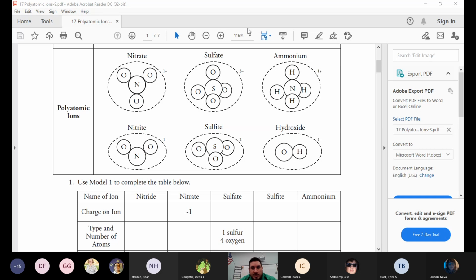All right, so what do you think chlorite is? Yep, it's 1 minus.